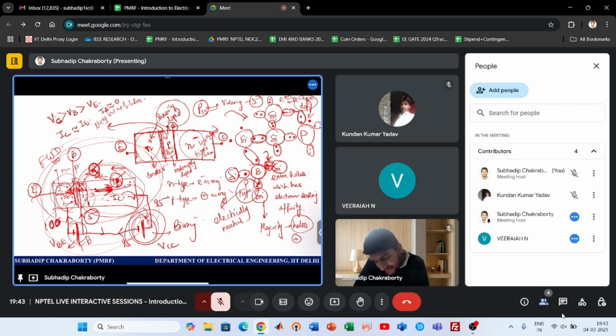But that was very small, so it can be assumed to be 0. Why? Because the base has very few free charge carriers, which in this case are the holes. So in normal operation of the BJT, we can assume that the base does not carry a very high amount of current, but the collector and emitter almost bear the same amount of current.